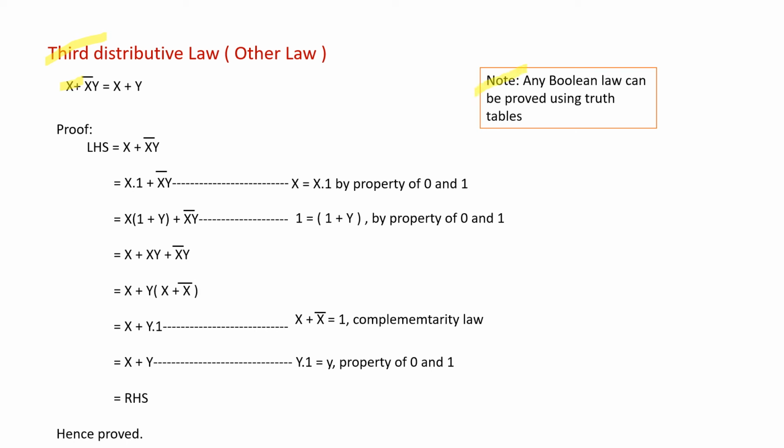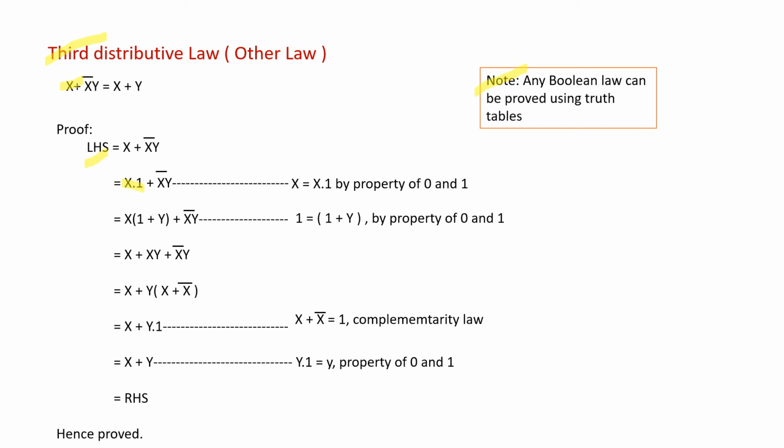For that we take the LHS, and the first step in simplification is to replace x with x and 1, because according to the property of 0 and 1, x is the same as x and 1.